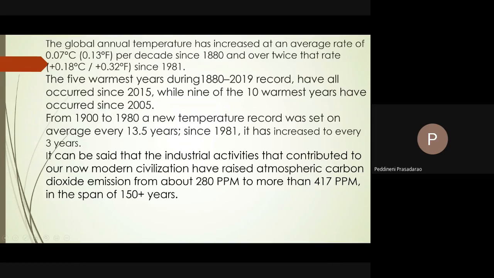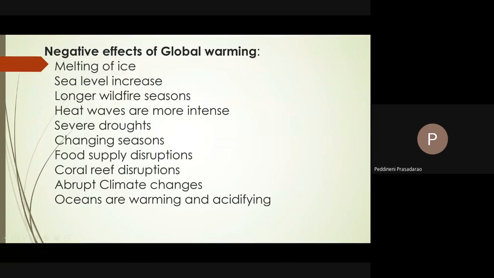Since we are increasing carbon dioxide in the lower atmosphere, it retains infrared radiation, and as a result there is a slow and steady increase in the temperature of the troposphere, which we term global warming or the greenhouse effect.